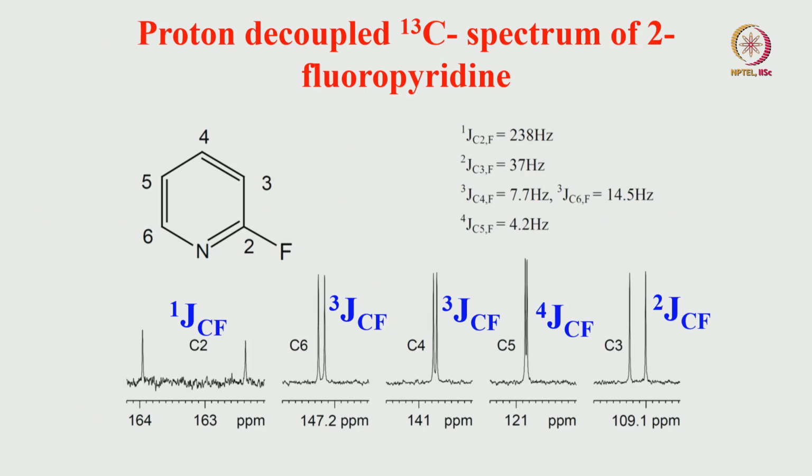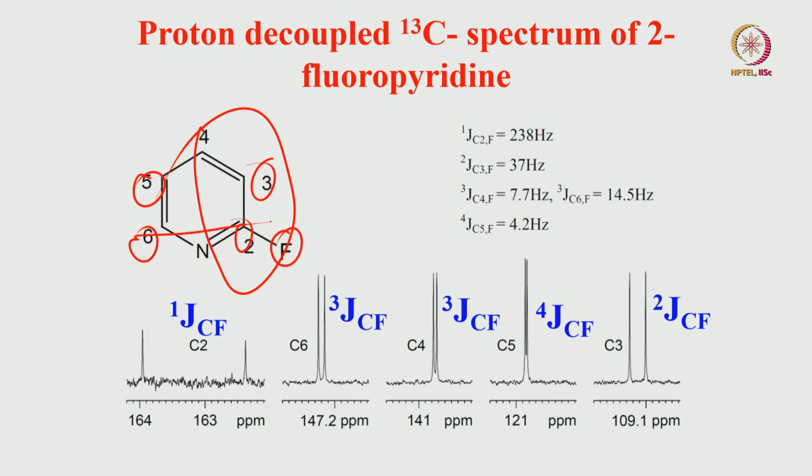Go to this molecule. This is a fairly simple molecule, 2-fluoropyridine, and there are different carbons. Of course, I thought 2 and 6 are chemically equivalent, 3 and 5 are equivalent, so only 3 different carbons. Oh, I am sorry, there is no symmetry because this fluorine is here.